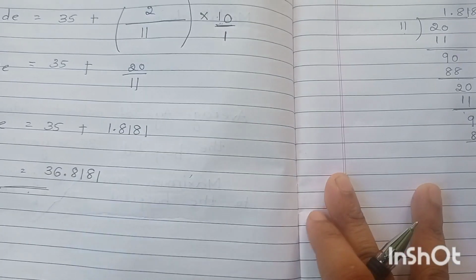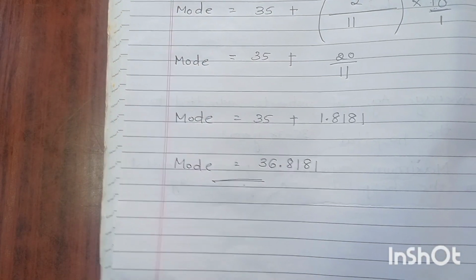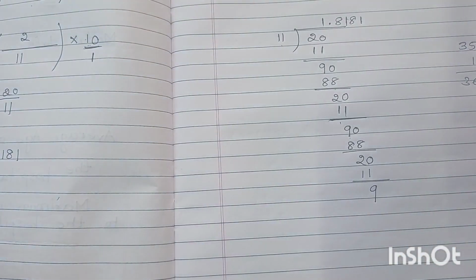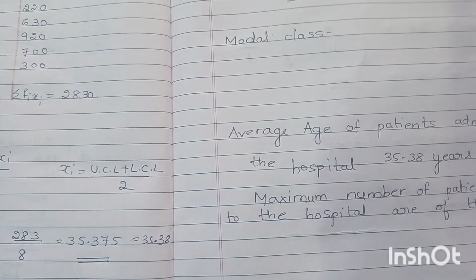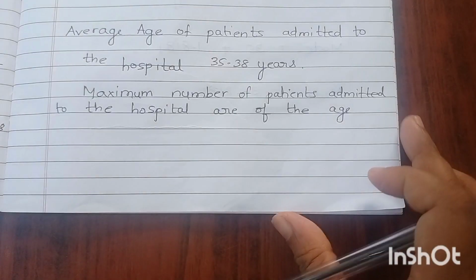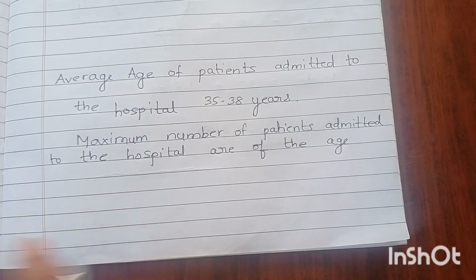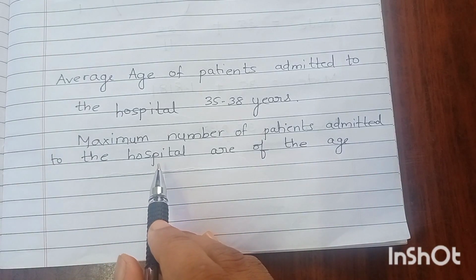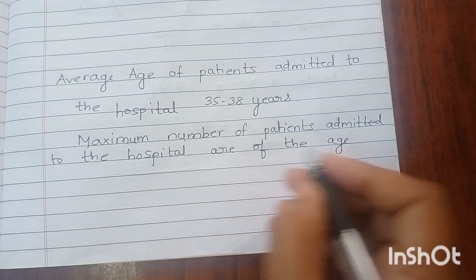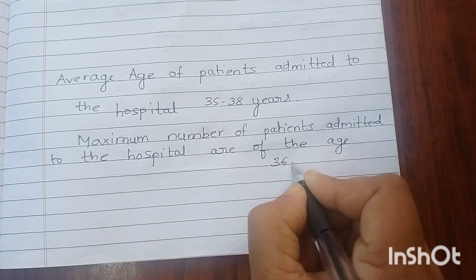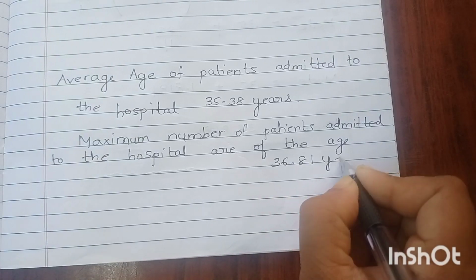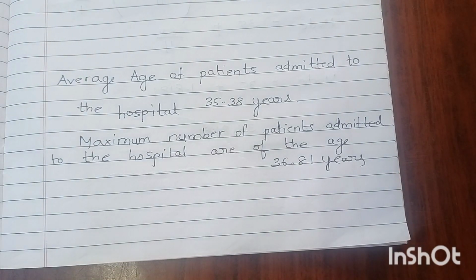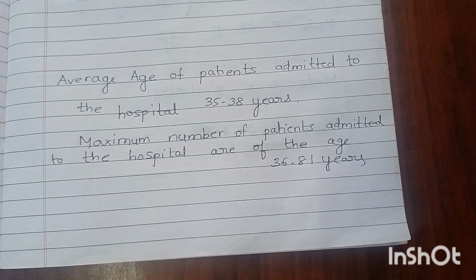Mode is 36.8181, right? Therefore write, taking only 2 digits: maximum number of patients admitted to the hospital are of the age 36.81 years. Like this you can write the interpretation.